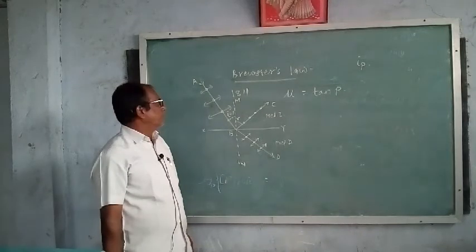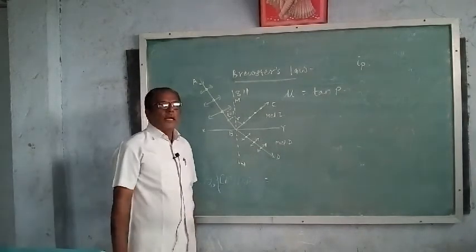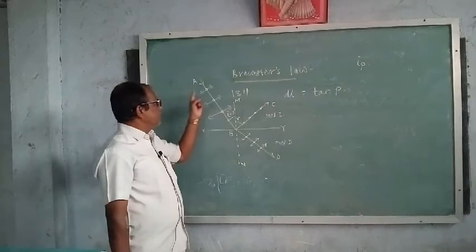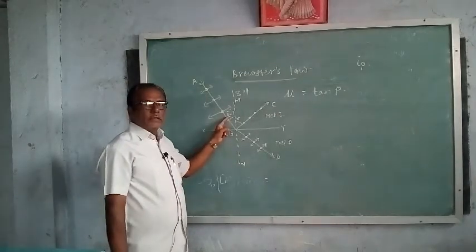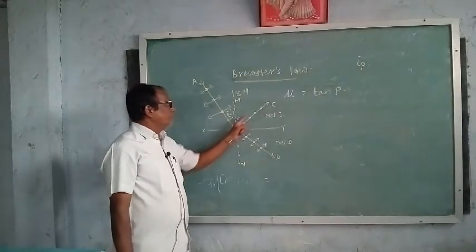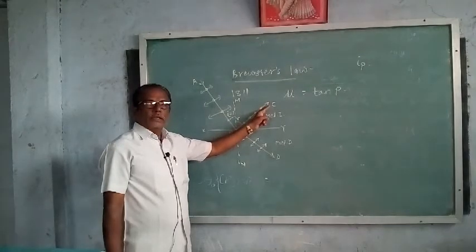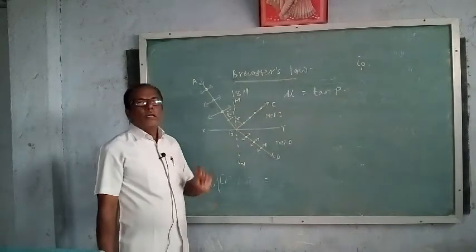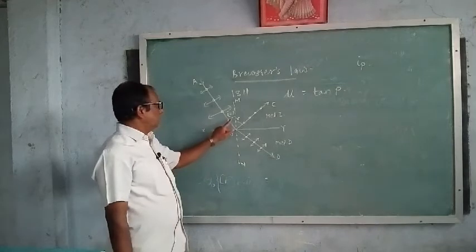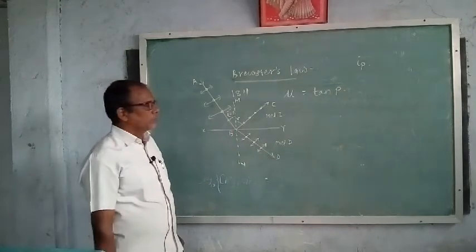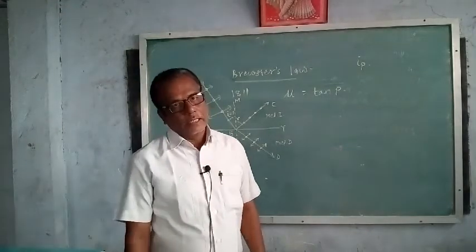So we can define the polarizing angle as the angle of incidence at which the reflected ray of light is completely polarized. Then that angle of incidence is called the polarizing angle.